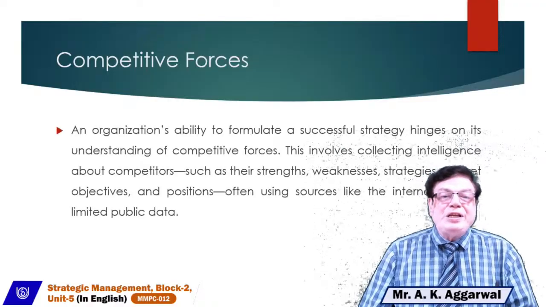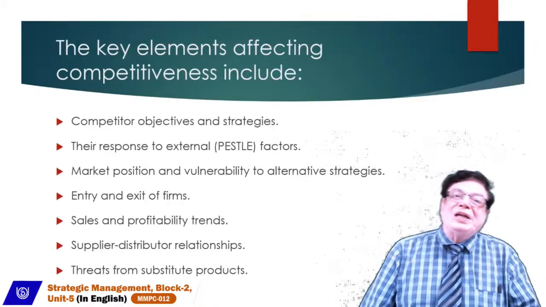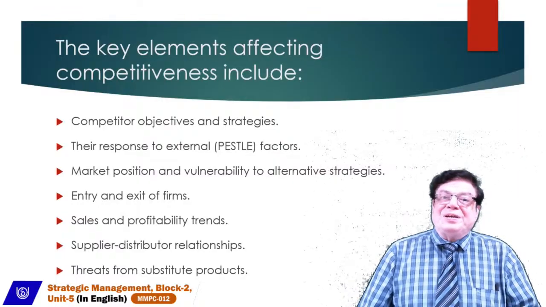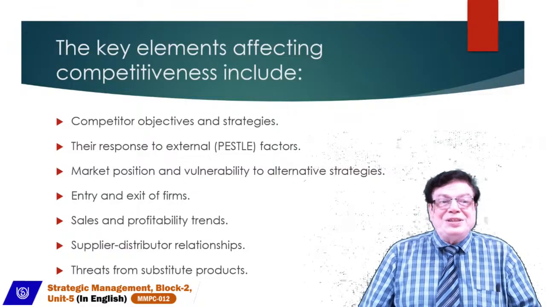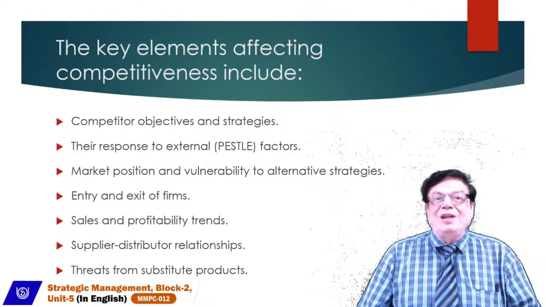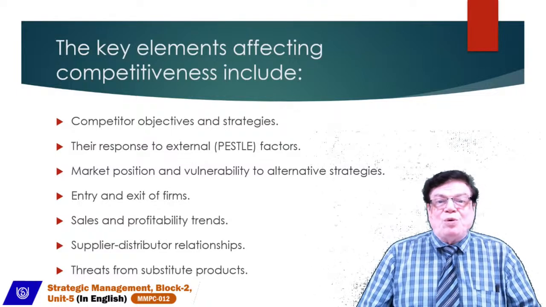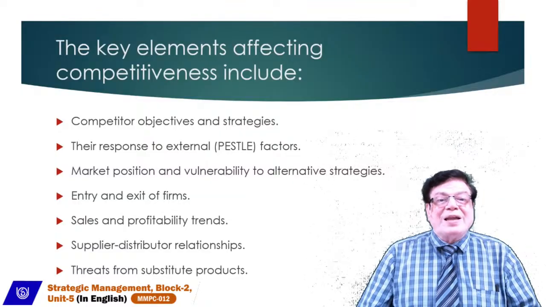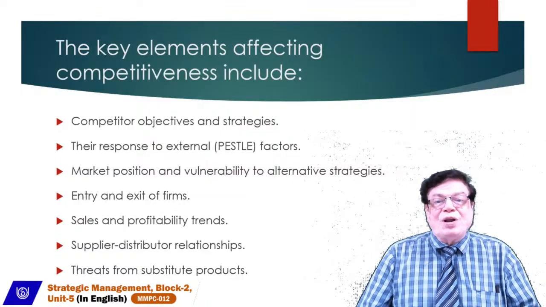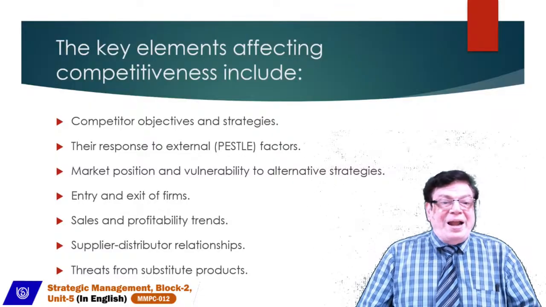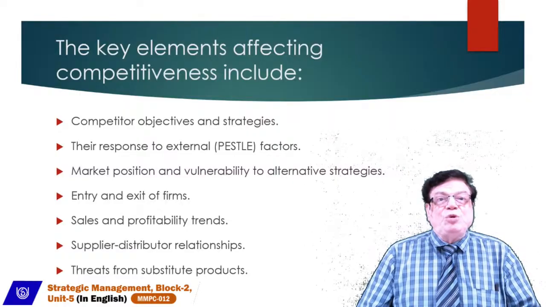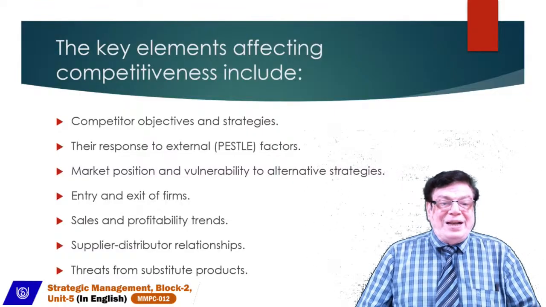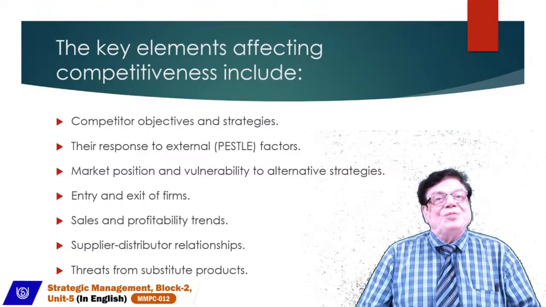An organization's ability to strategize: what are the objectives of our competitor, the company who is in the same line of production, and what are their strategies, how they respond to external factors, their market position and vulnerability to alternative strategies, entry and exit of firms, sales and profitability trends, supplier distributor relationships, threats from substitute products.